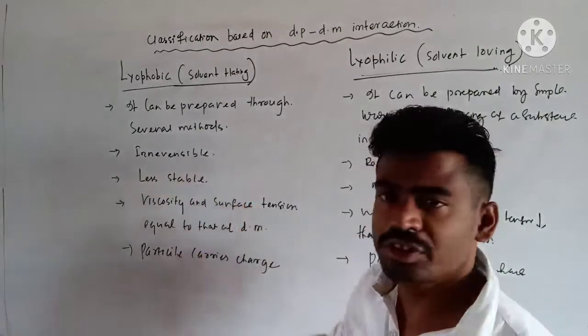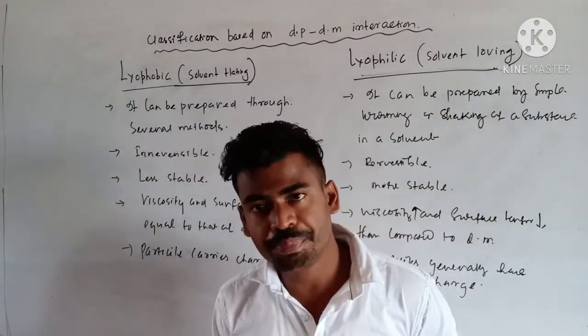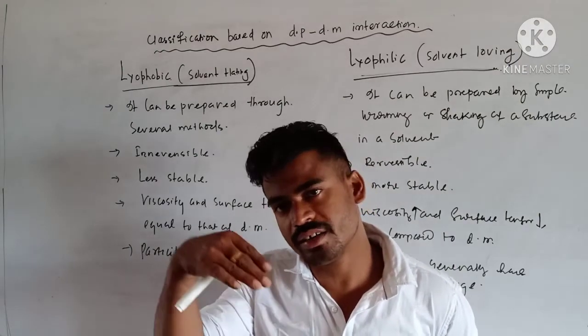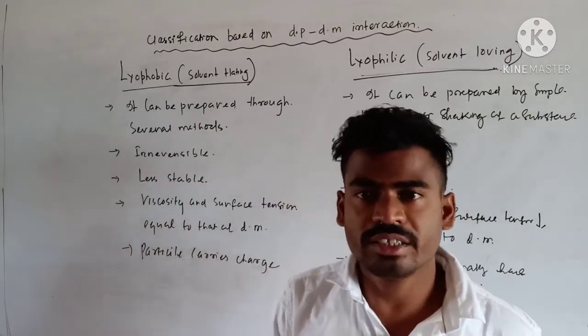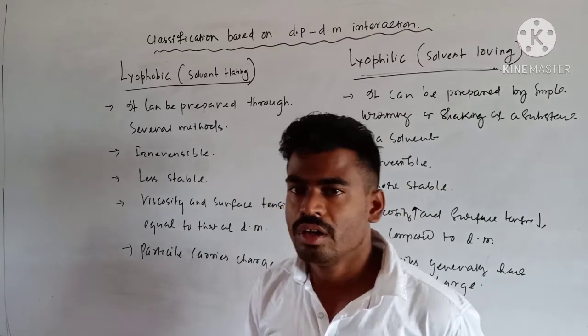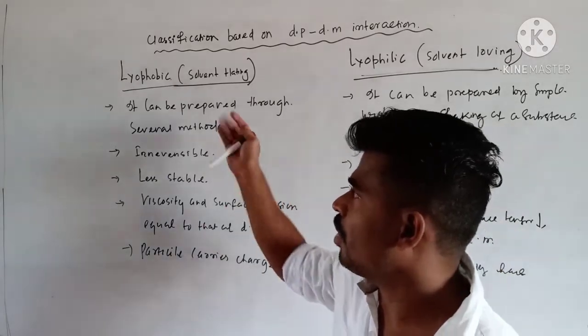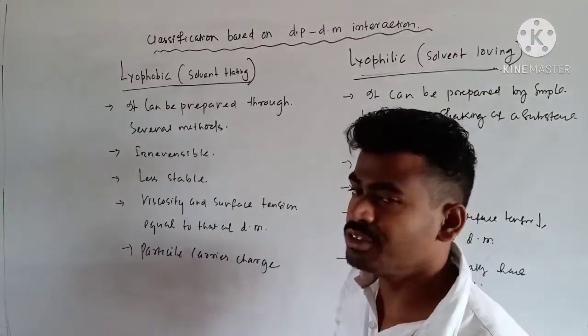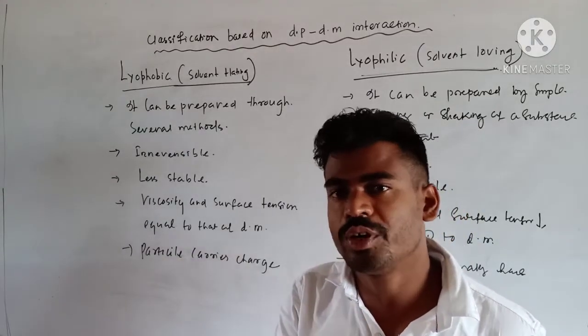And lyophobic sols are irreversible. Suppose you warm the lyophobic solution and the dispersion medium gets separated away through evaporation, then the residue remains, which is not regarded as colloidal sol. The dimension of the residue particles does not lie between 1 nanometer to 1000 nanometer.